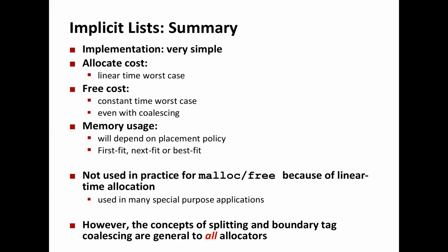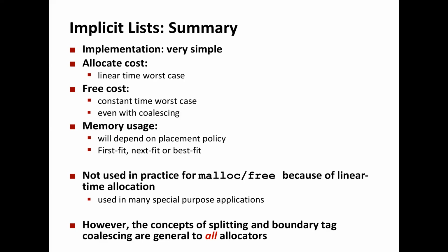So in terms of the implementation, implicit lists are very simple. In terms of allocation cost, it's linear time in the worst case.